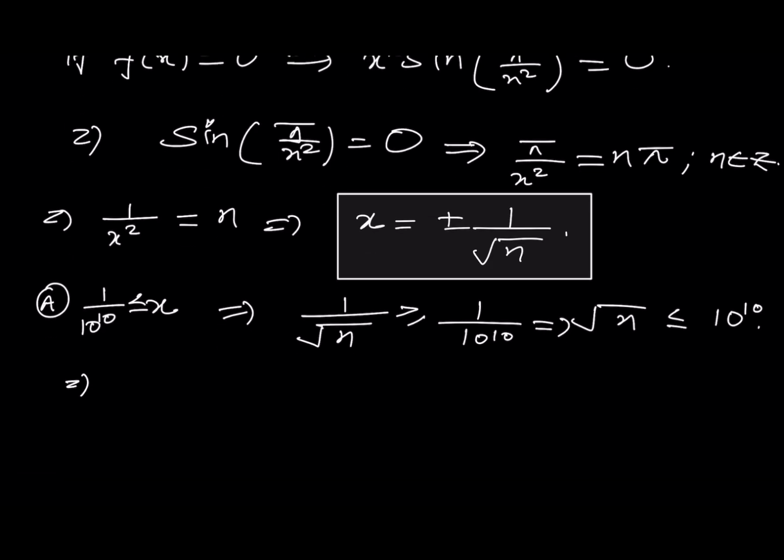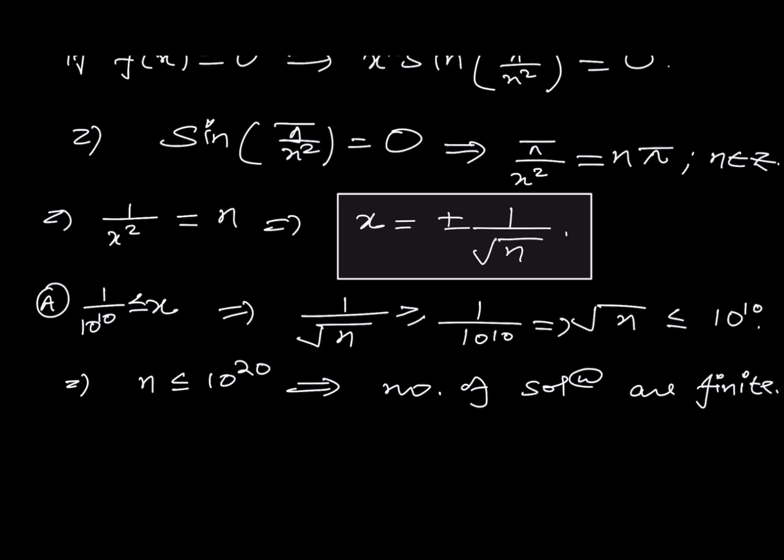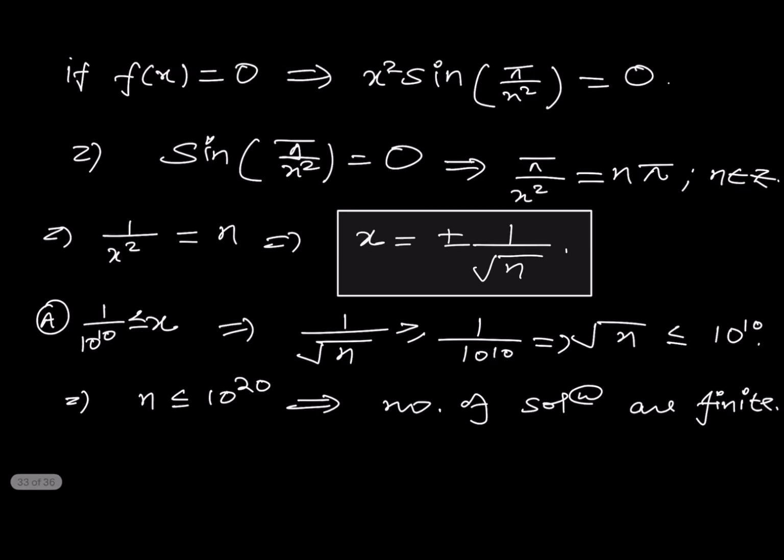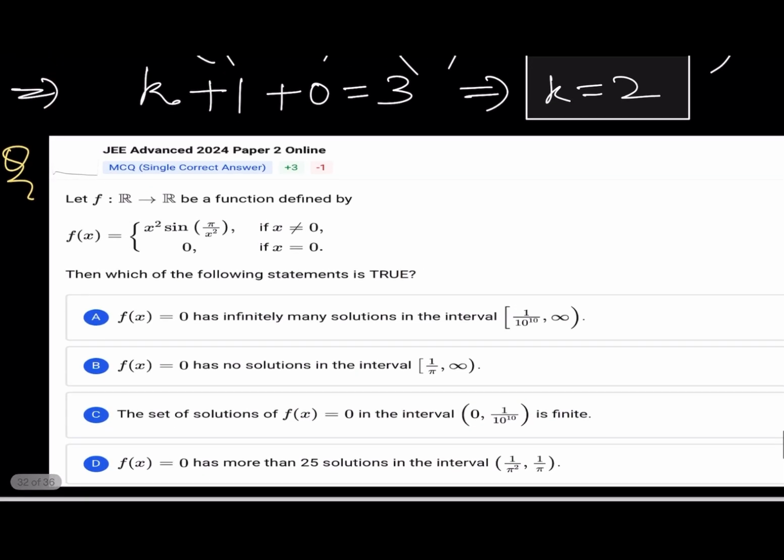After squaring, n is less than or equal to 10^20. Since n is a positive integer, the number of solutions is finite, because we can count from 1 to 10^20. But the option says infinitely many solutions. So option A is not true.